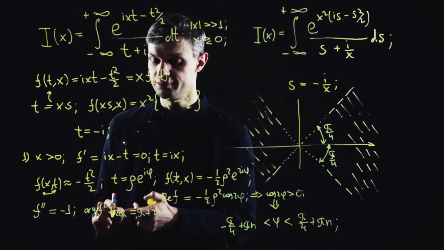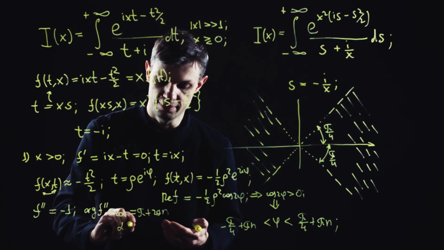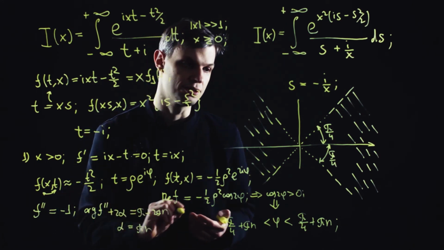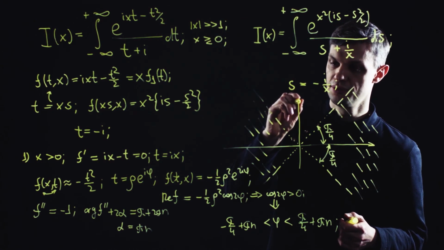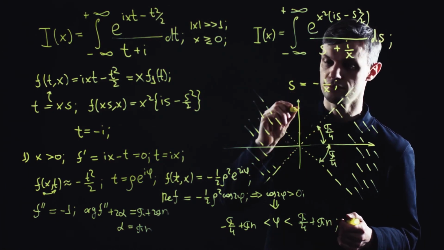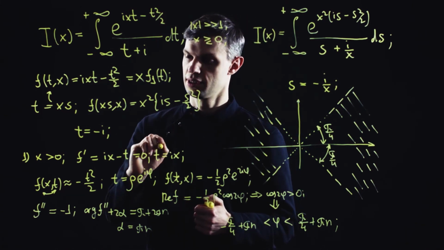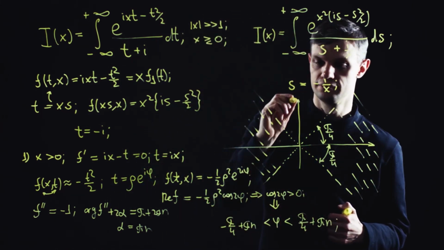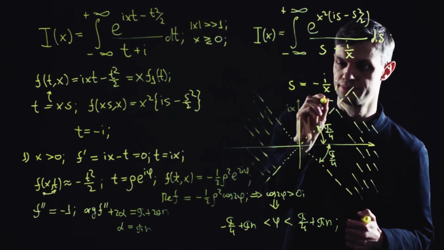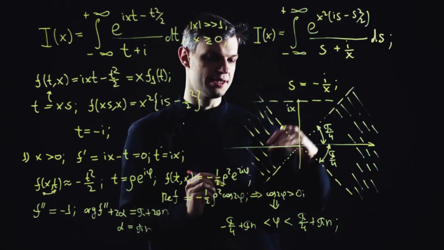Well, the argument is pi, so the steepest descent direction is simply pi n. So it's the horizontal direction. So here is our saddle, and this is the steepest descent direction.